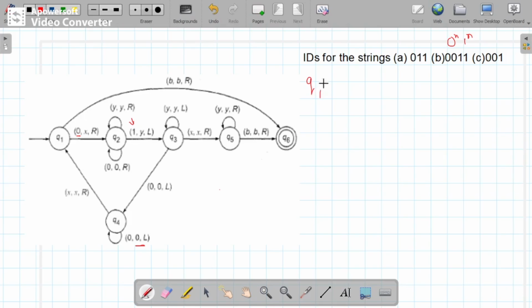Start state is q1 and the input is 0 0 1 1. So q1 on 0 goes to where? It goes to q2 state, and 0 will be replaced by x and it is taking a right move.